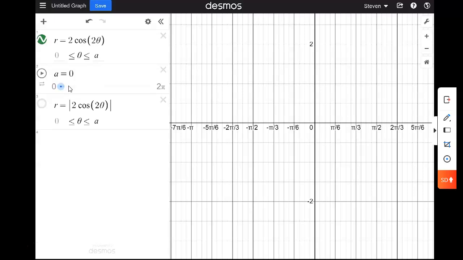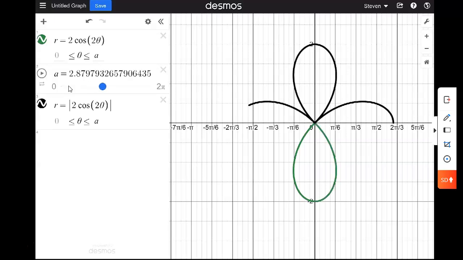Let's watch how the graph happens with the black one here. First one, of course. Notice that every one of the black ones here corresponds exactly with one of the green ones. And it does take the full 2 pi for the green graph to finish. And that's why absolute value in this case is actually the same graph.